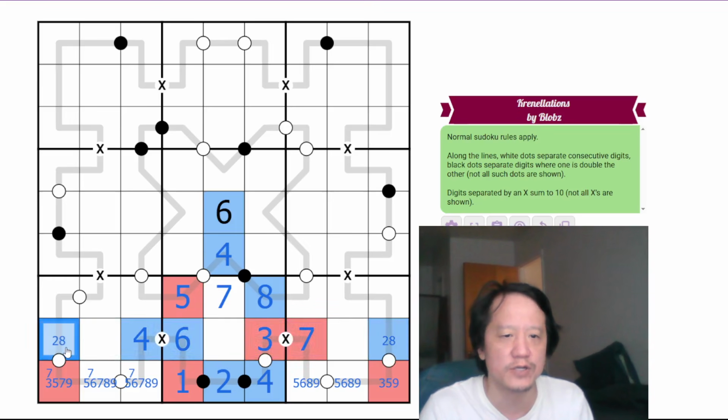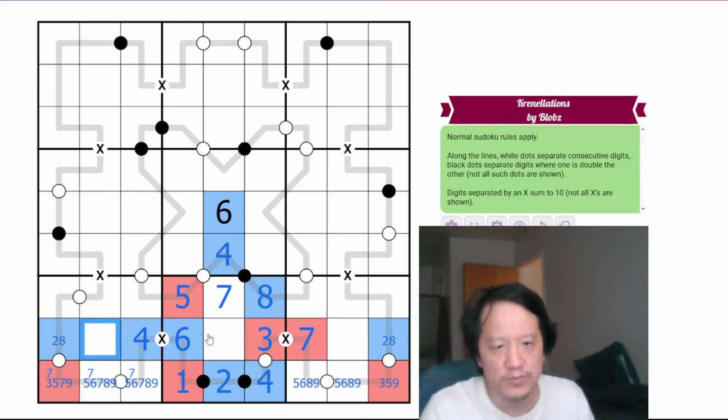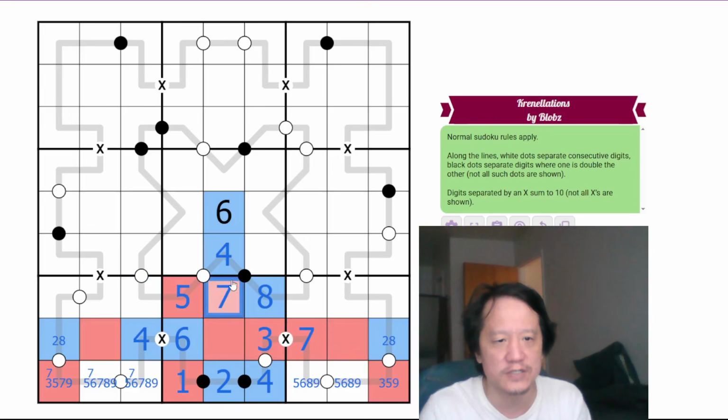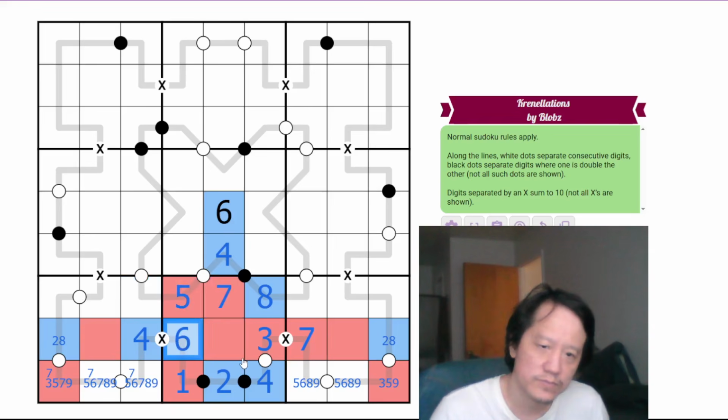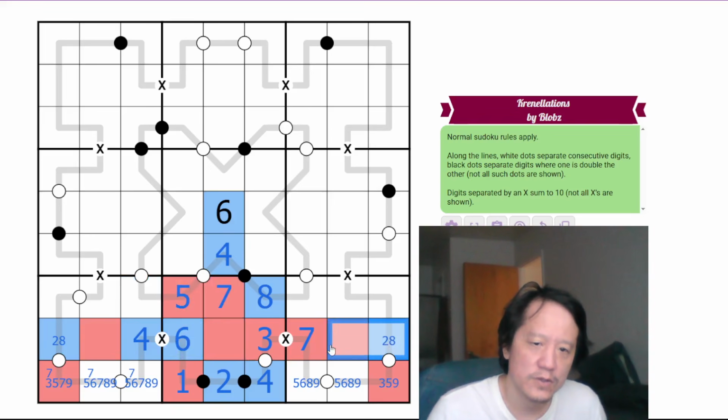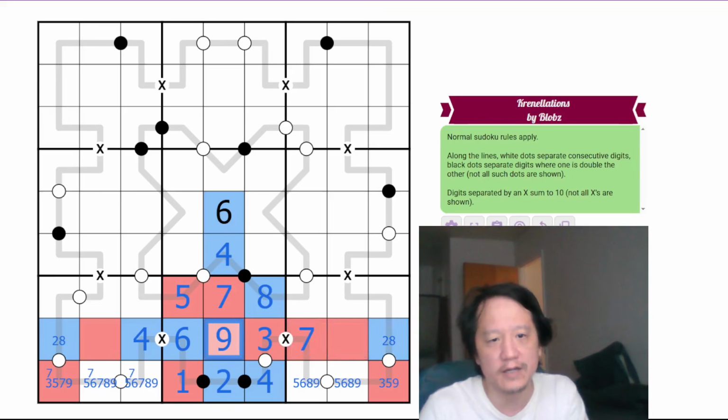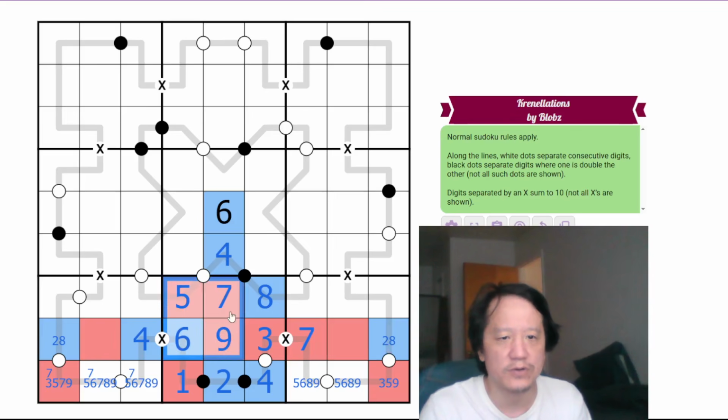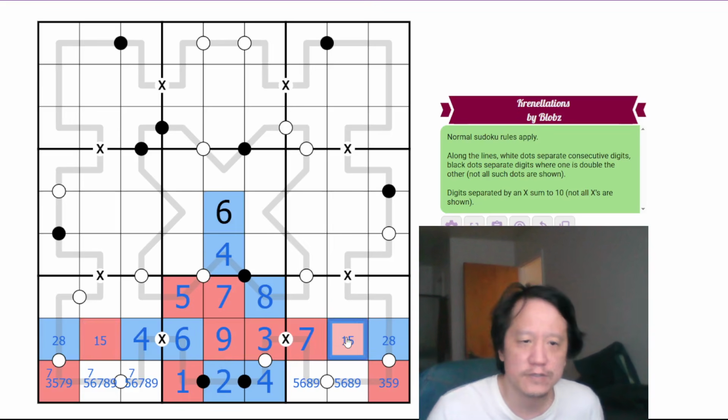We're left with 2 and 8. For the evens, we have 4 evens now in row 8, so the rest are odd. 7 obviously is an odd digit. This is odd. This has to be a 9 because there's no other digit remaining, and we're left with 1 and 5 remaining in row 8.